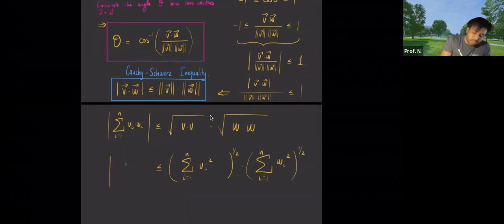So this here is the Cauchy-Schwarz inequality.